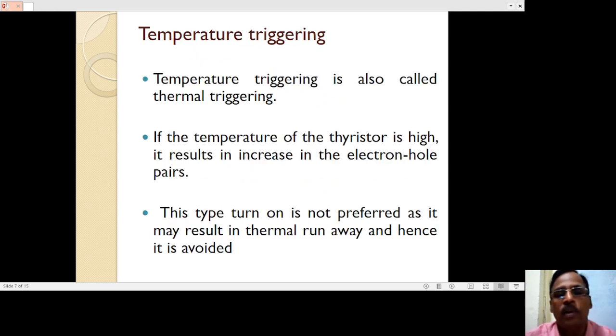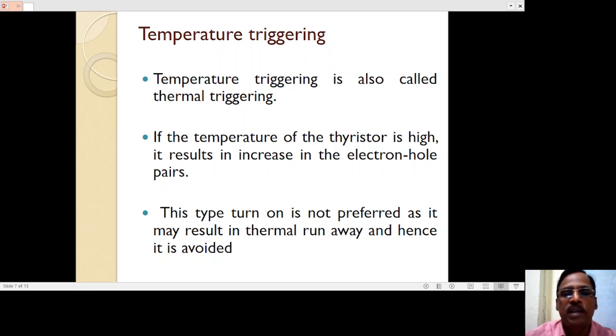Next method of triggering is temperature triggering. When SCR is in forward bias condition, junction J1 is forward bias condition, junction J3 is forward bias condition, and junction J2 is in reverse bias condition.